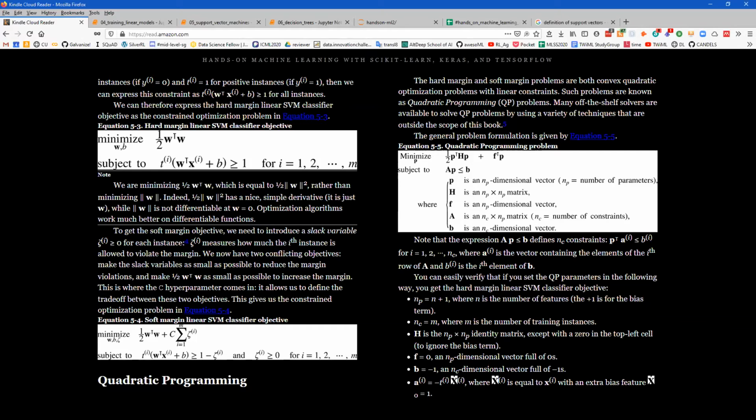But he says right here, make the left side of the equation as small as possible. That's how you do it. It's kind of strange. Make the slack variables as small as possible to reduce the margin violations, and make half of W transpose W as small as possible. So he's saying make them both small.